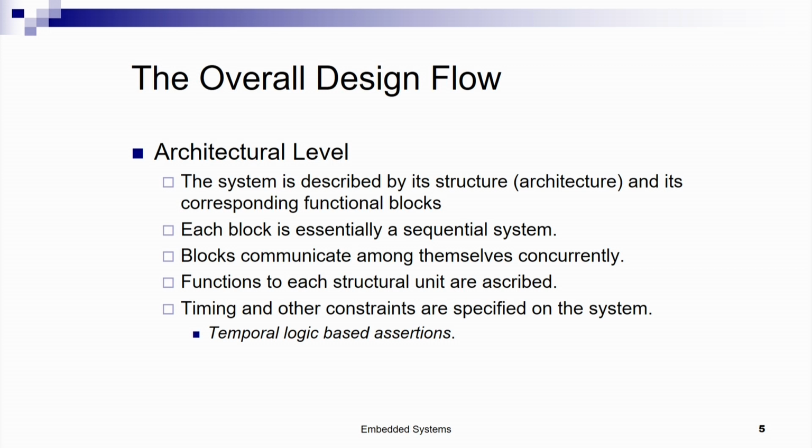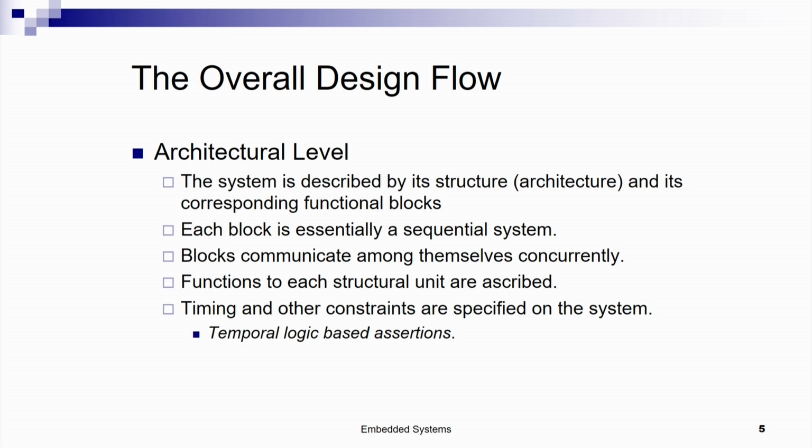Each process carries out a function, and these are the functional blocks, and each block is essentially a sequential system, meaning that it will go time step after time step and conduct a series of operations, and the blocks communicate among themselves. As we also said, the functions to each structural unit are ascribed. We will see how, by designing the data path and control path for it, and timing and other constraints are specified on the system.